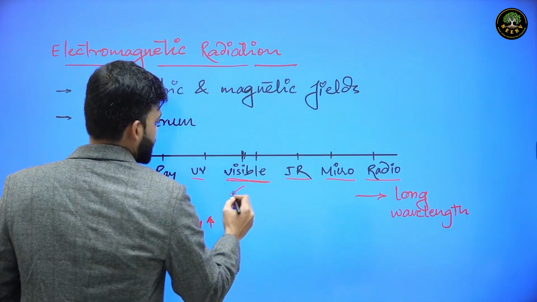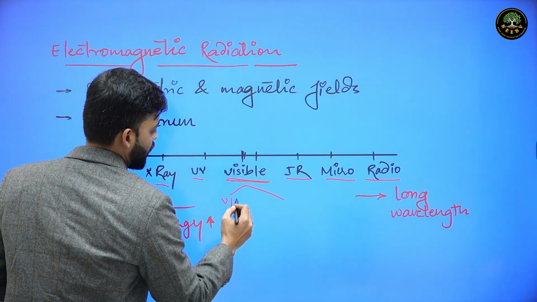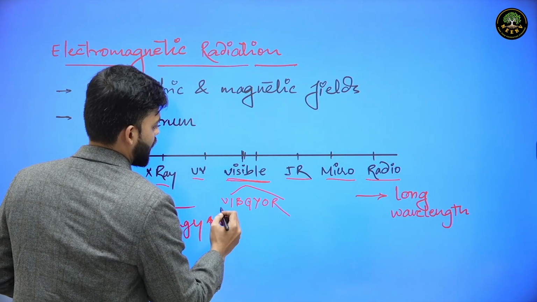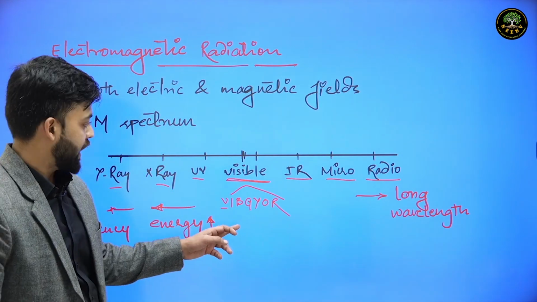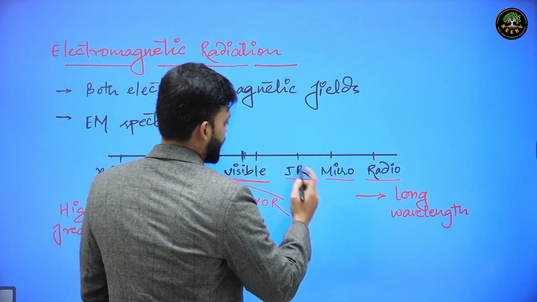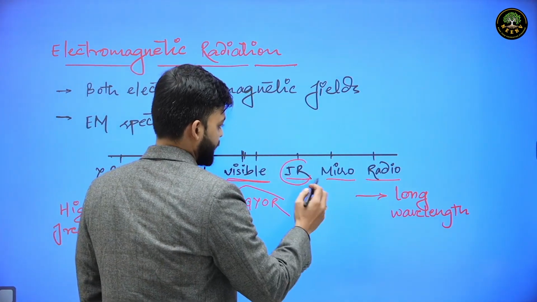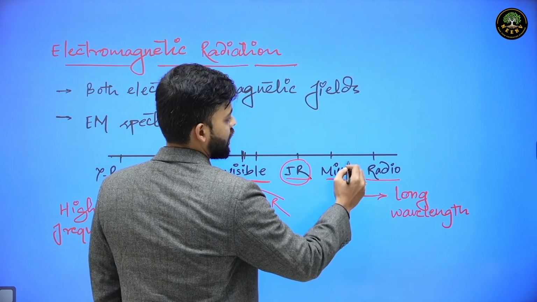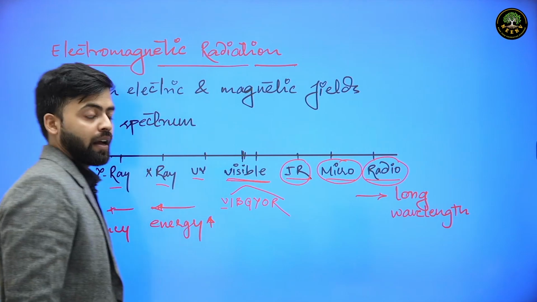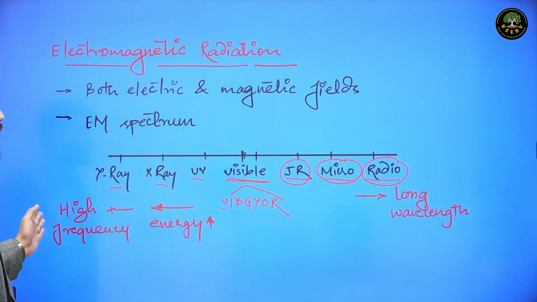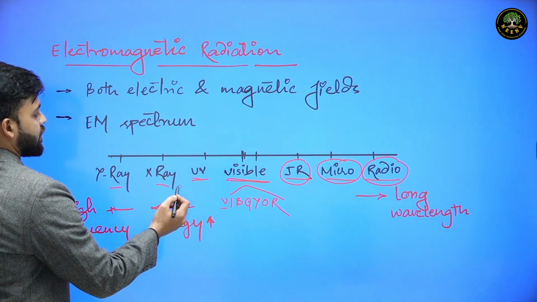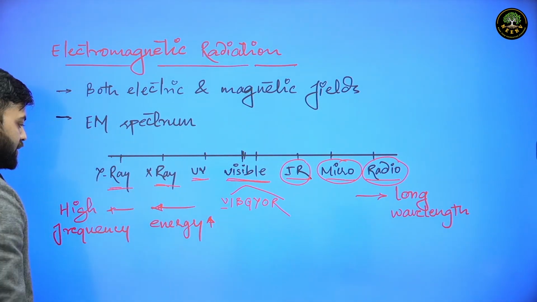The visible spectrum consists of these 7 colors: violet, indigo, blue, green, yellow, orange and red. When we move towards longer wavelength, there are infrared waves, microwaves and radio waves. When we move towards lesser wavelength, then ultraviolet rays, X-rays and gamma rays can be seen.